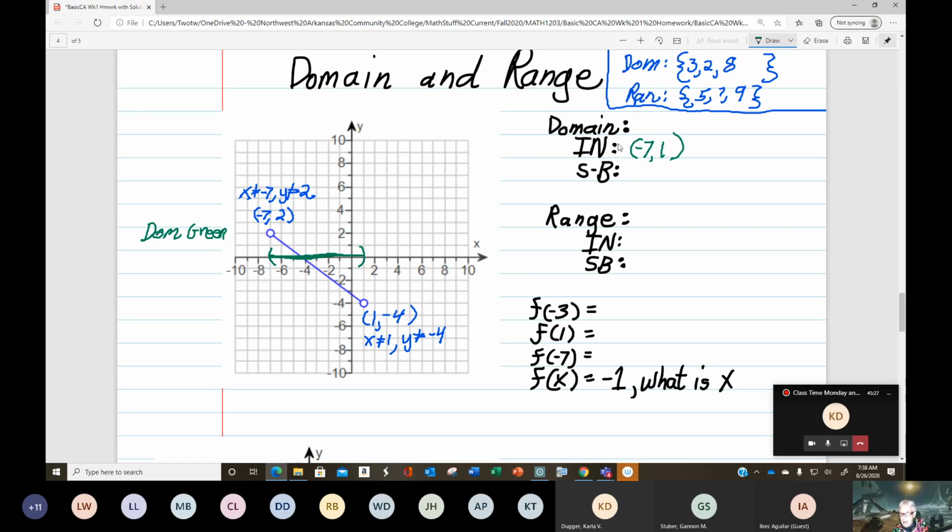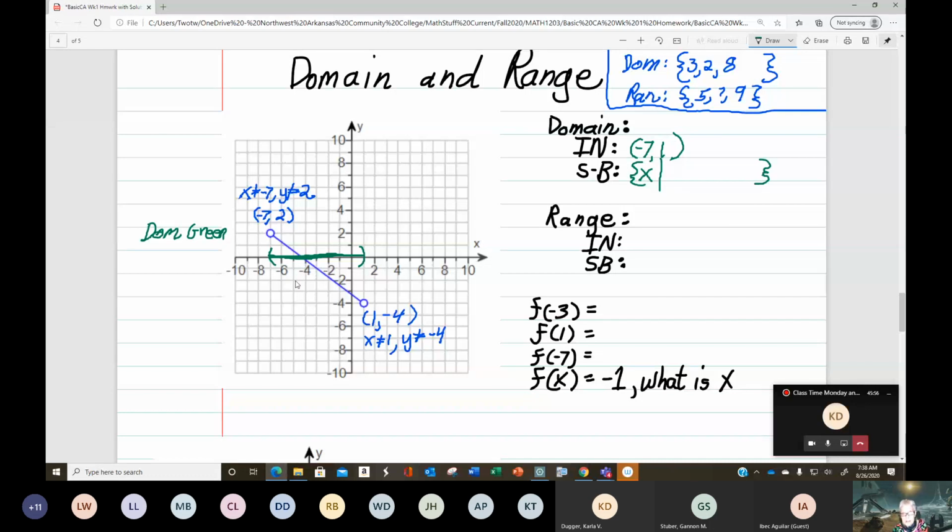If we were to have brackets, that would mean that this hole is solid. It's filled in. And yeah, the same thing over here. Now, set builder notation is like this and like this. And because we're talking about the x's on the x-axis, we write an x and then a vertical bar.